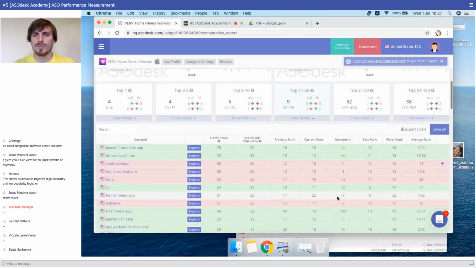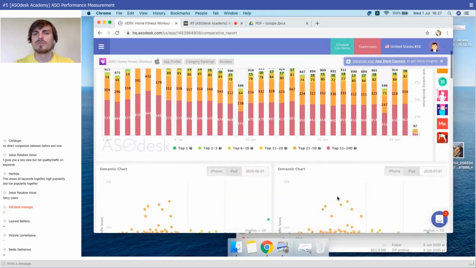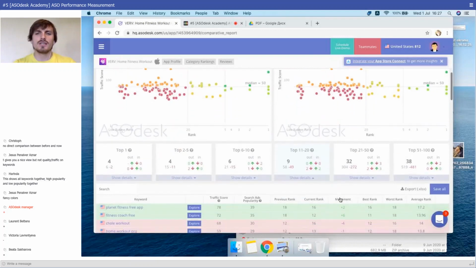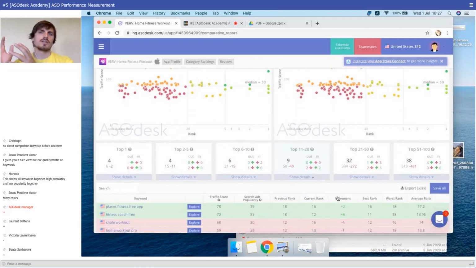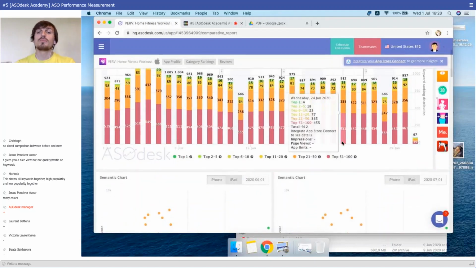So with this tool, we are moving from the more general data to the more specific data, from external quantitative data to internal qualitative data. So with the ASO comparative report, we might understand quantitative and qualitative information about ranking for keywords.